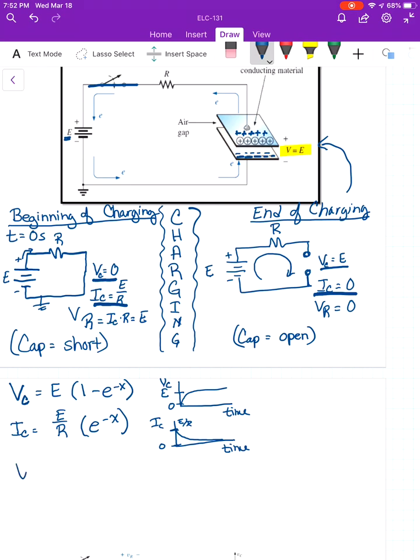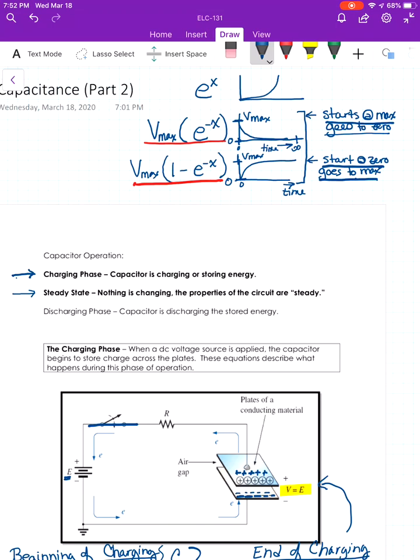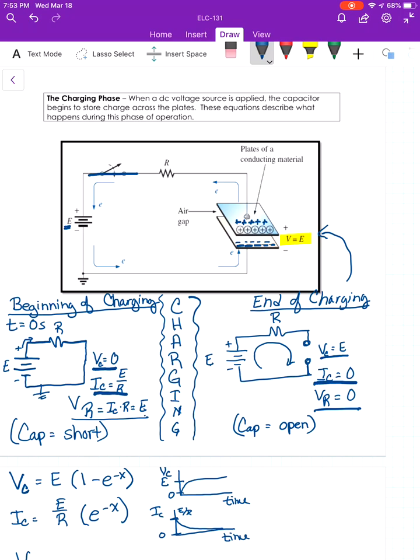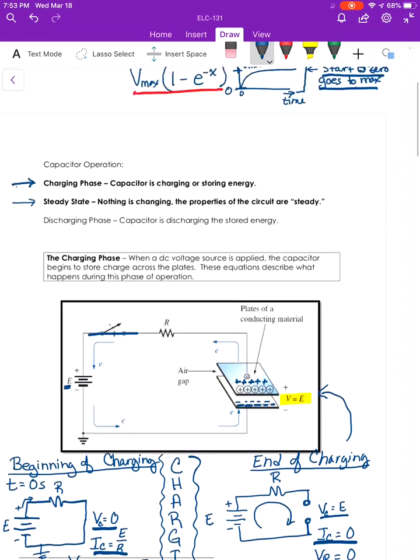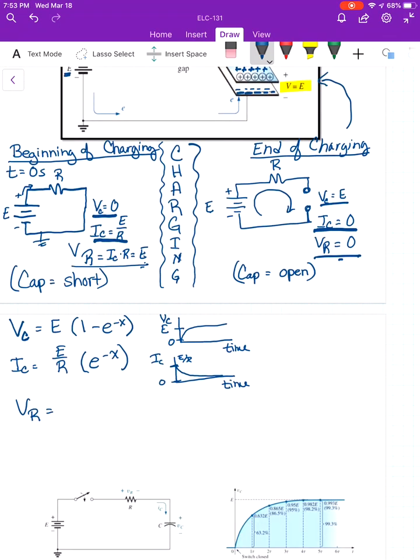And then what is our voltage drop across the resistor doing? V_R is going from E to 0. What does that look like? Is that starting at max going to 0, or starting at 0 going to max? E to 0. So that is e to the minus x.